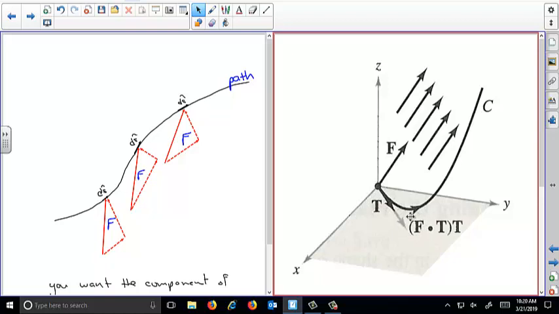So the first thing you do to get the magnitude of this vector is you take the dot product of the force vector with the unit tangent vector. And then to get the direction associated with that length, you multiply by the unit tangent vector again. So this is a vector dotted with a vector, which gives you a scalar, and then you multiply the scalar by the direction associated with the unit tangent vector.